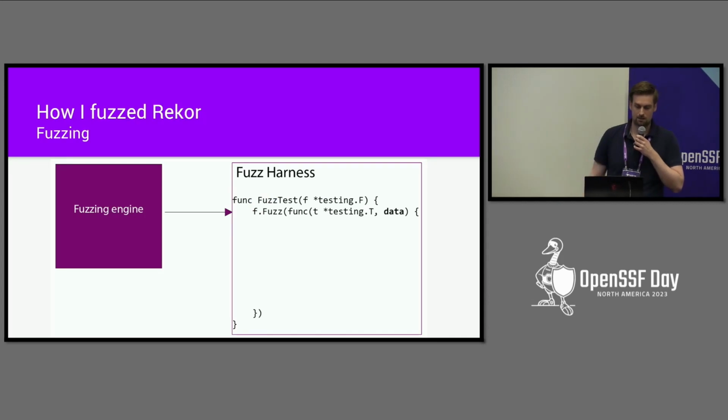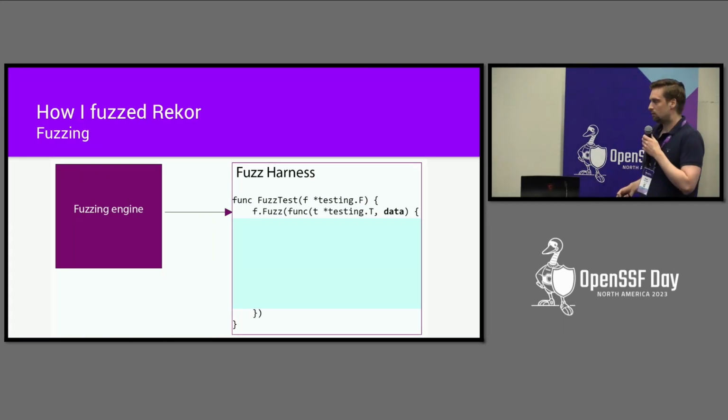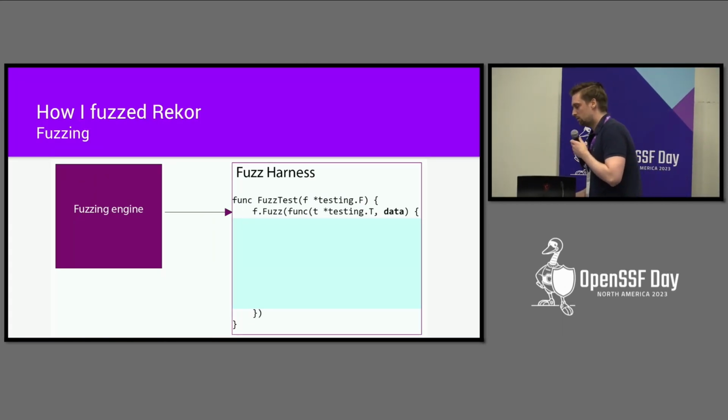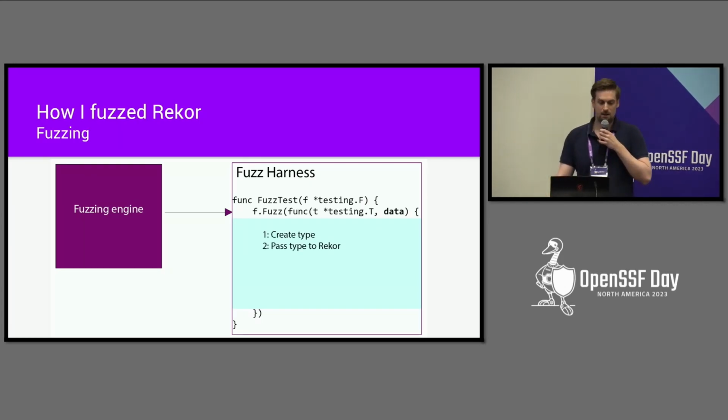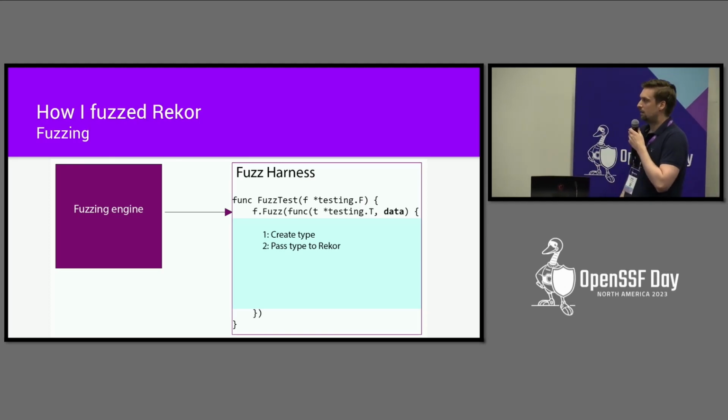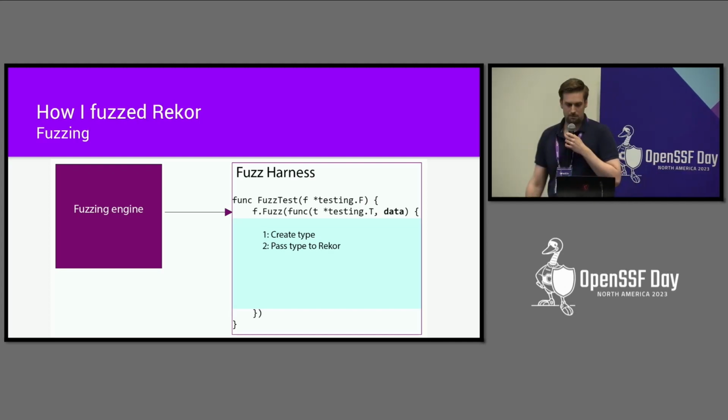I've highlighted data, and it is our responsibility as testers to take this random data and pass it on to the software application that we're testing in the function body. In my case, that meant that I had to take this pseudo-random data, create an artifact type, and pass that to Rekor's processing of the given artifact type.